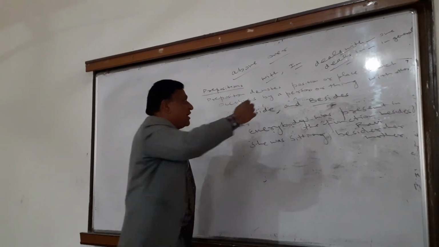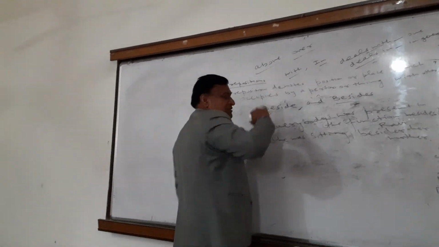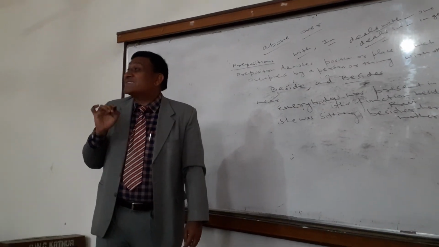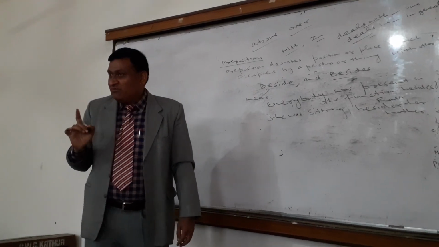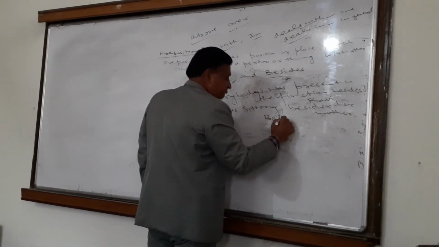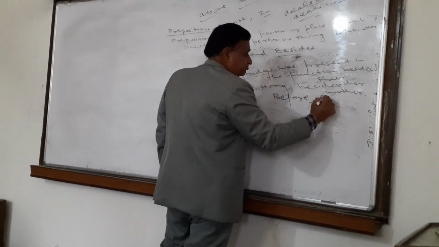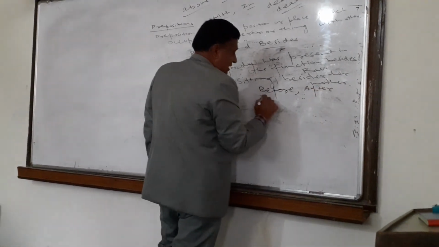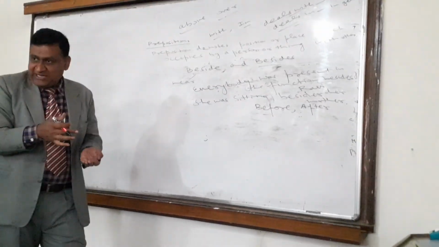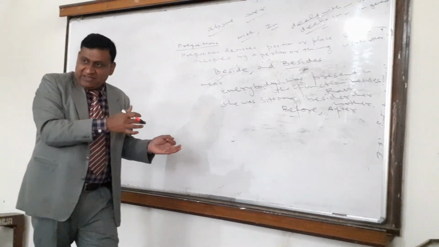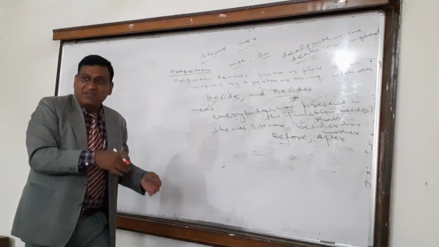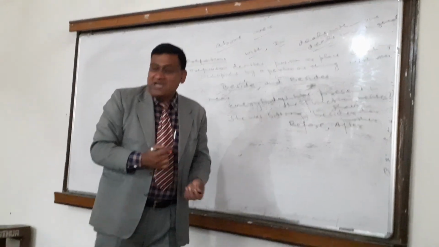Did you understand? So these are the normal things, but it may have significance while we are using before and after. Before means he may be there before his father. He may be there after the father.